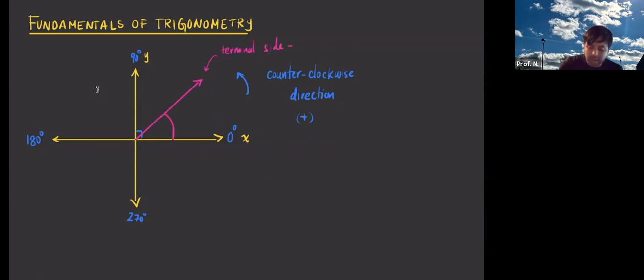This is a ray from the origin. And again, the origin is the 0 by 0, the (0, 0) point here. So it's a ray that comes from the origin, and it's a point where there's one direction of the line.